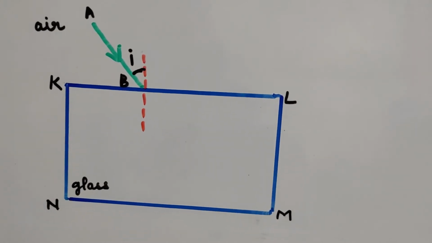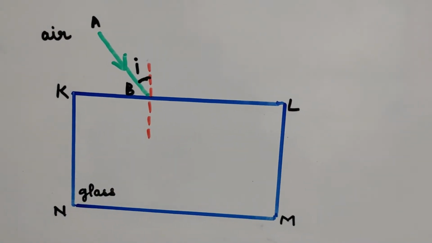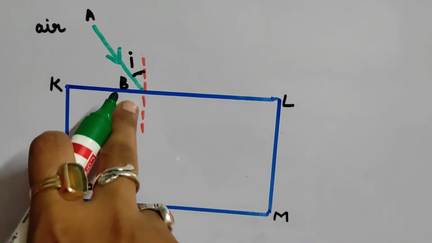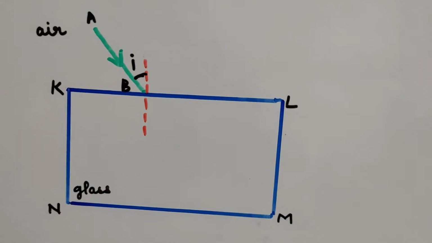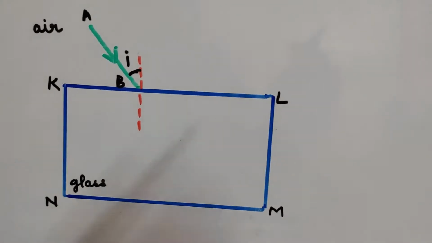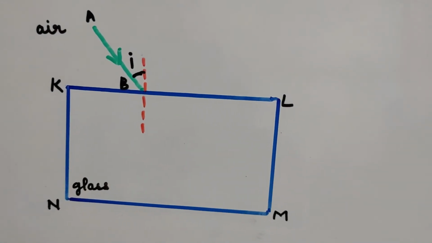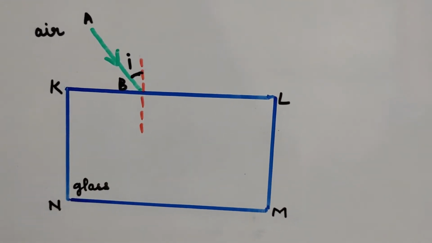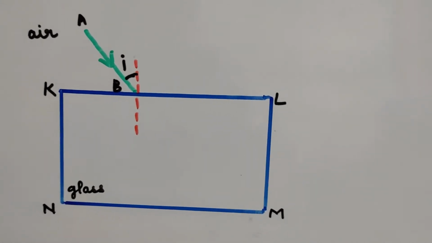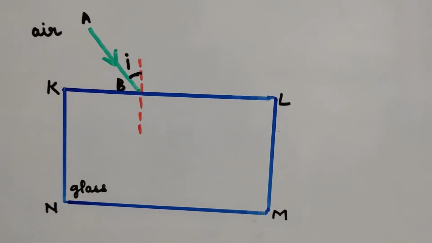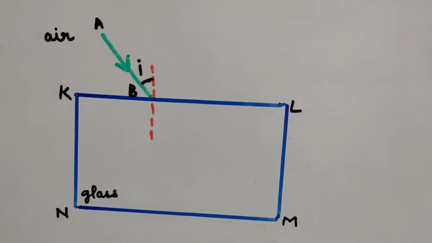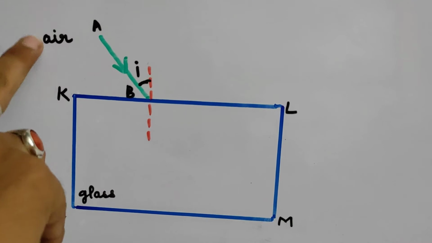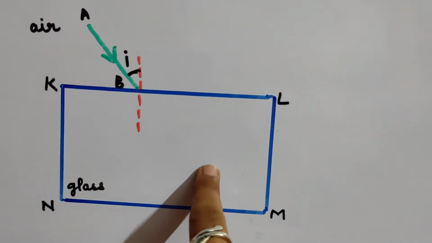Now as this strikes the surface of this rectangular glass slab, this incident light is coming from air and striking the surface of this glass slab, and as we have studied, this ray will bend. Fine. Now just now we have studied about the bending of light, whether it will bend towards or away from this normal. So here we have air as a rarer medium and this is a denser medium.